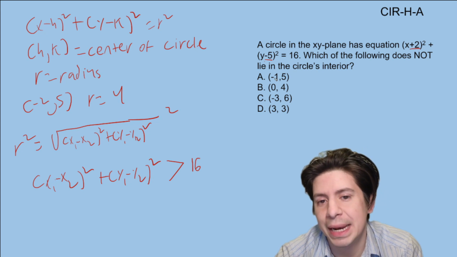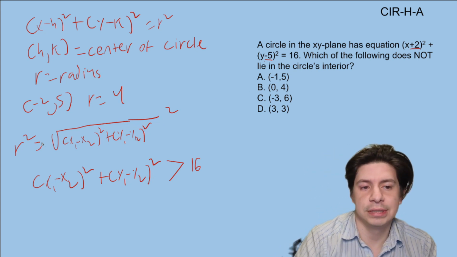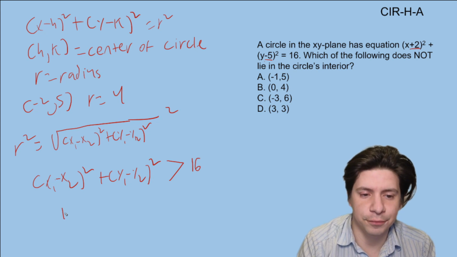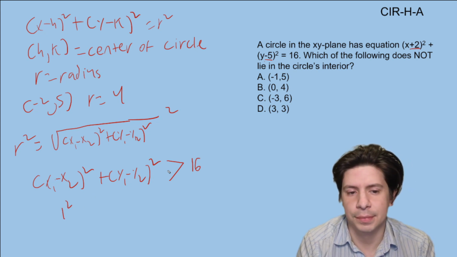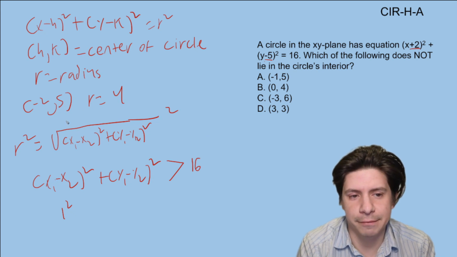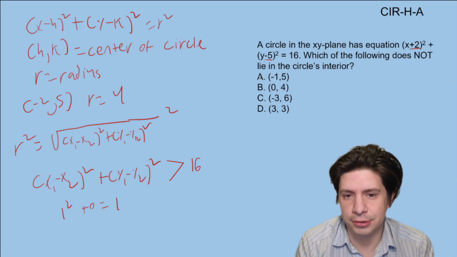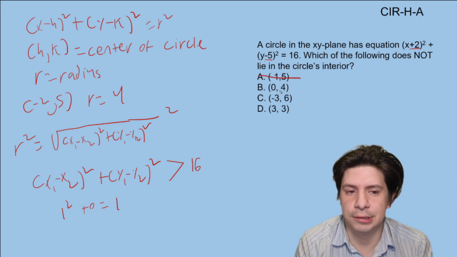So when we do (-1, 5), and our center is (-2, 5), that's going to have a difference of 1, so that'll be 1 squared for the x, and then for the y we have 5 and 5, so that'll be 0. So that equals 1. So that does lie in the interior, so we'd eliminate A. Now let's try B, (0, 4).